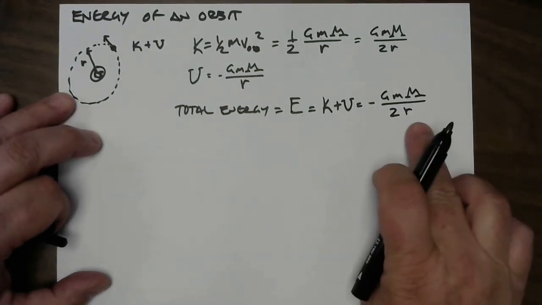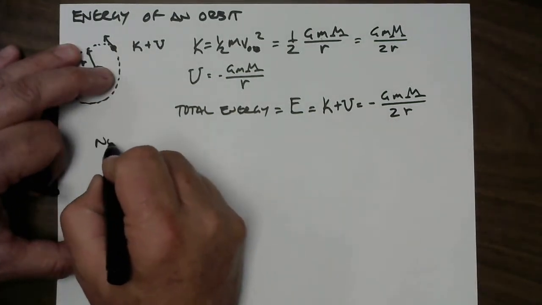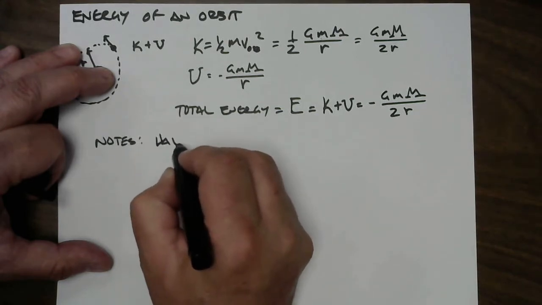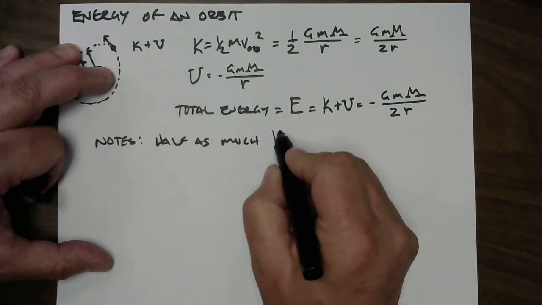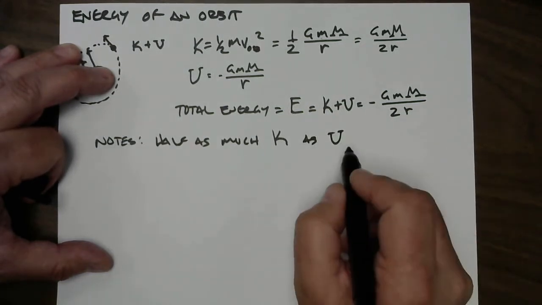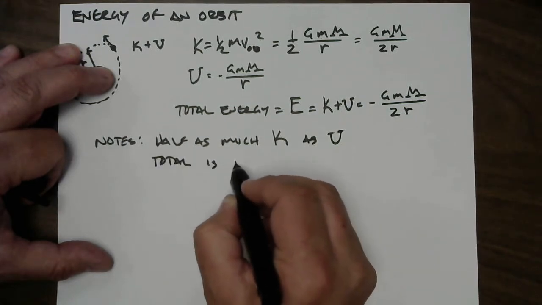That is the total energy of an orbit. Notice that we have half as much kinetic energy as potential energy. That's important. And notice that the total is negative.